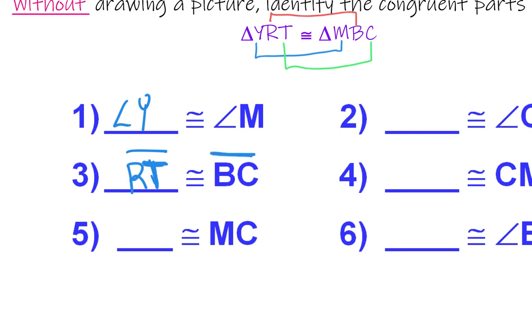Okay, then we can do the same thing with MC. MC are the first and last letters. So I'm going to match that with YT, which are the first and last letters. All right, I'll pause it. You guys try the last part.